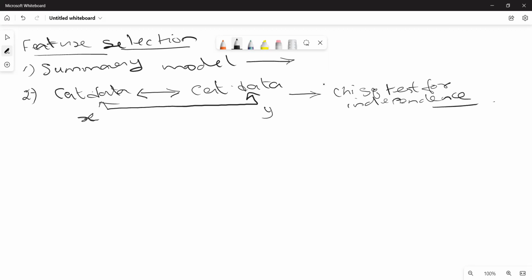So I can perform a chi-square to find out whether my categorical feature has any relation with the Y variable. Just to give a small example.